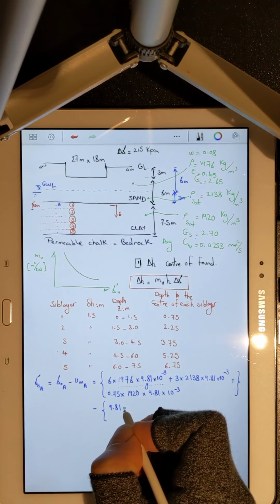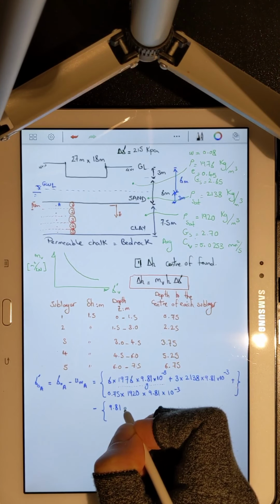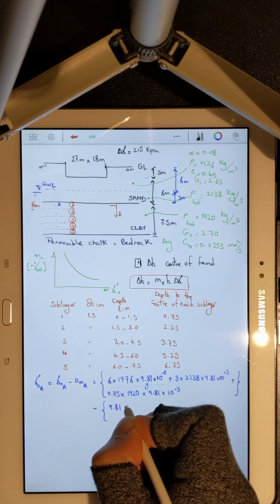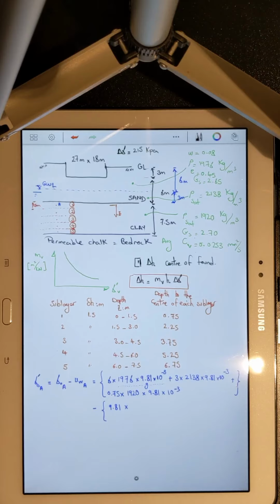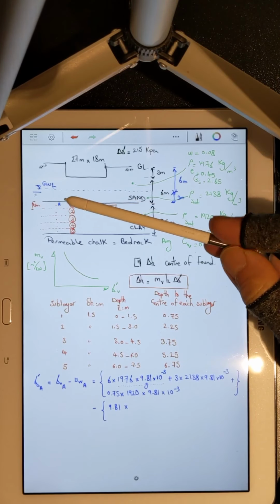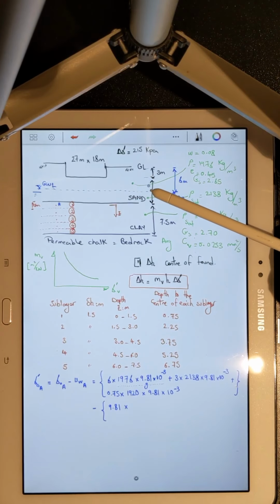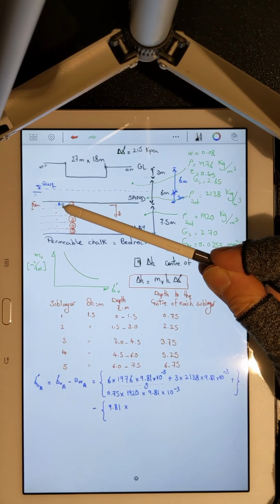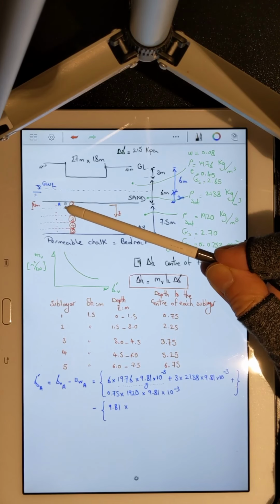So 9.81, that is gamma W in kilonewton over meter cube, multiplied by ZW, the depth of water. Look into the diagram. The depth of water at point A: you have 3 meters of water inside the sand layer and half height of the first sublayer inside the clay layer.